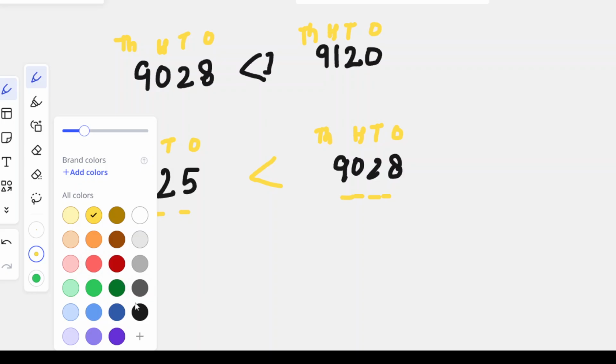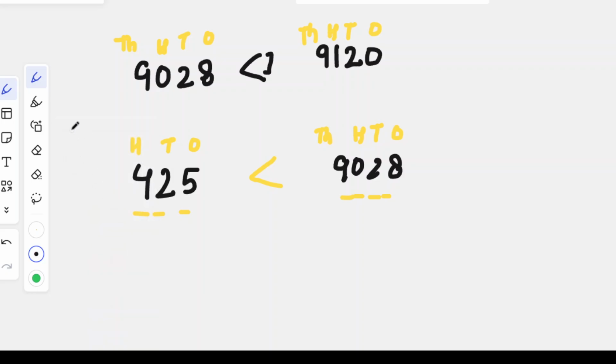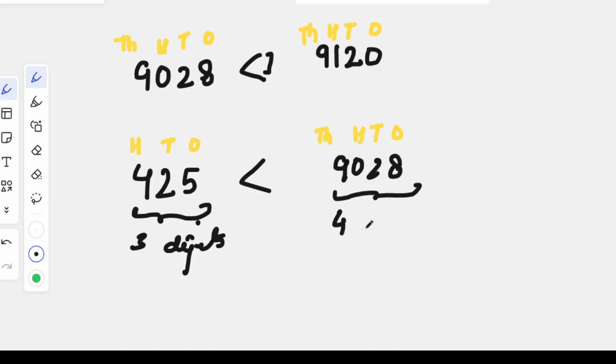Okay? This is the fact which is always true. We don't have to make extra comparisons. We don't have to do extra calculation of any kind. Simply the number which has higher number of digits will always be greater than the number which has lesser number of digits. So here we have 3 digits, and here in this number we have 4 digits. Okay?